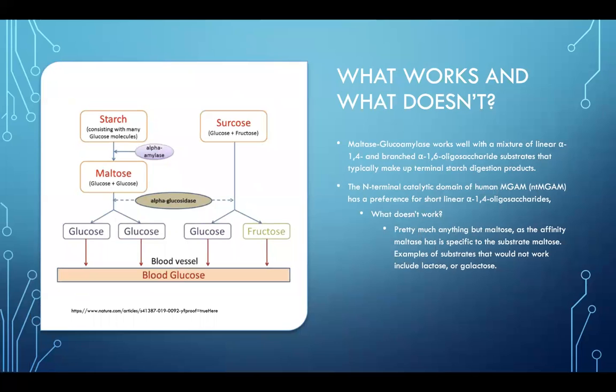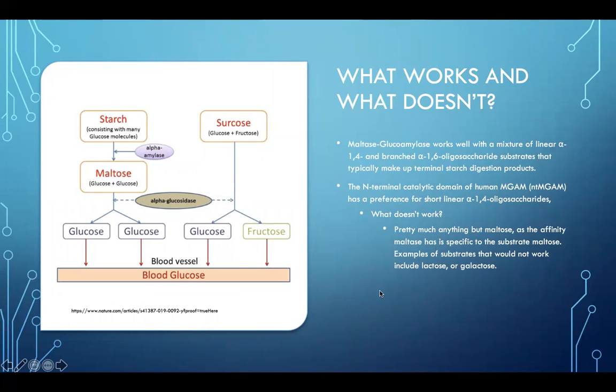But what doesn't work is pretty much anything but maltose. The specificity that maltase has for maltose is pretty high, so any substrate that is not maltose will not work with maltase. Some examples would be lactose or galactose. Lactose usually pairs with lactase.